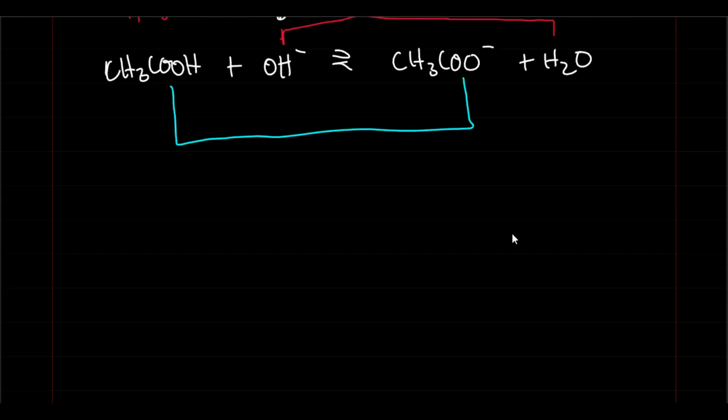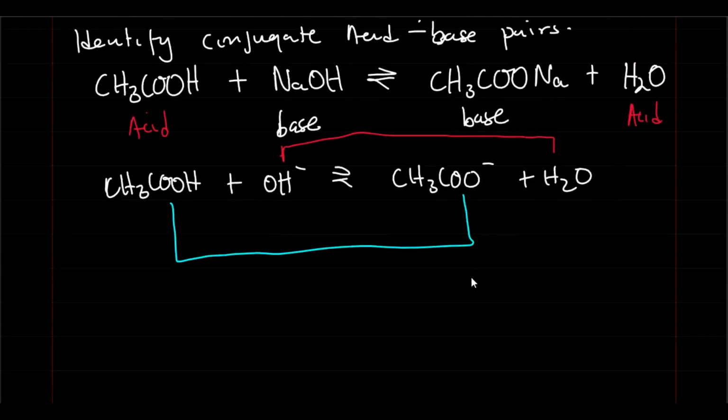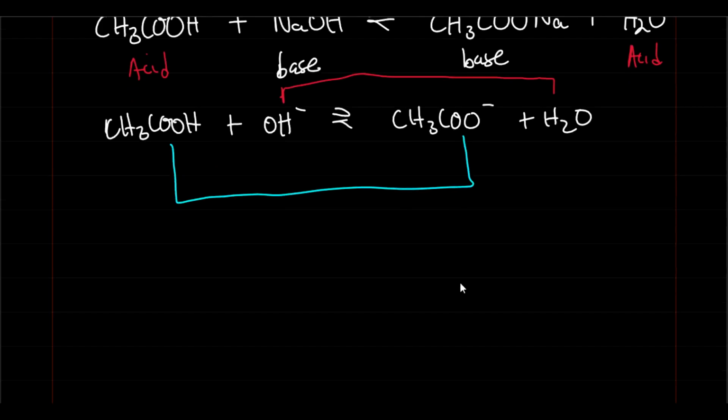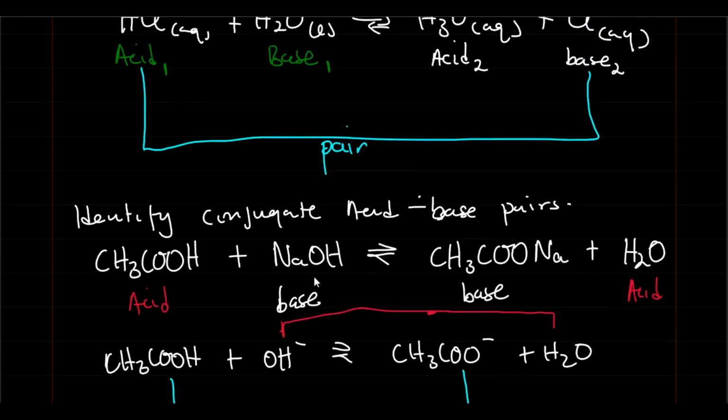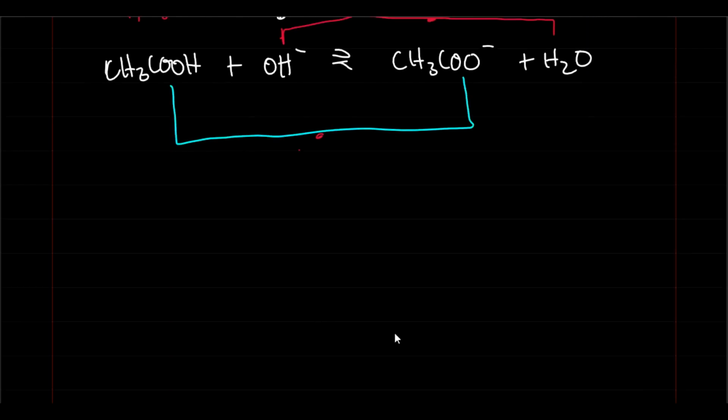Okay, so if they say identify conjugate acid base pairs, this is what you do. So this is a pair and this is a pair, this is a pair and this is a pair. So that's all there is to it. There isn't rocket science to it.